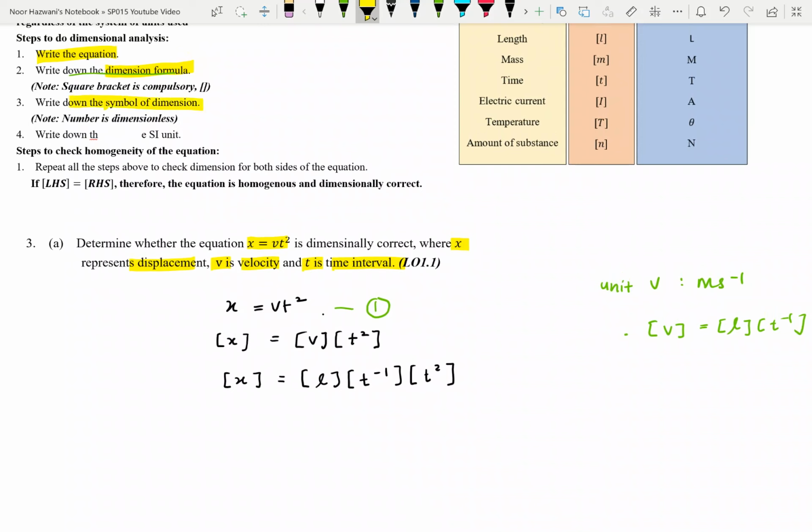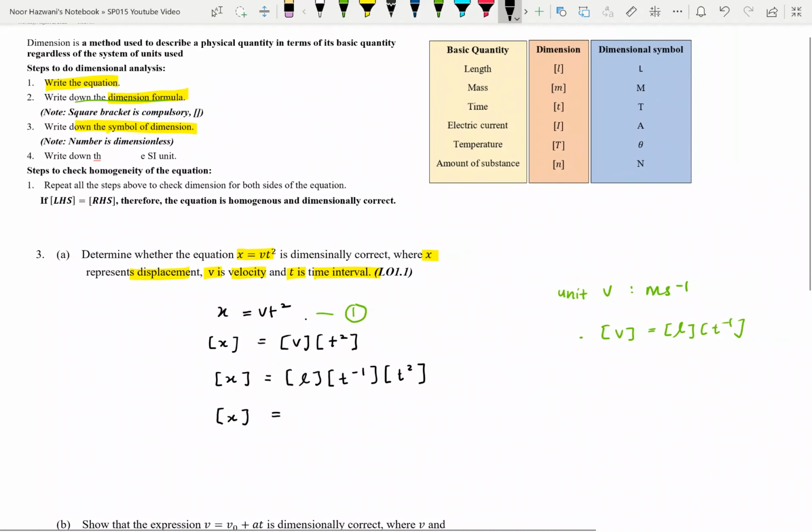Step number 3 is to write down the symbol of the dimension. When we write down the symbol of the dimension, remember that we open the square bracket and then you refer to the table.